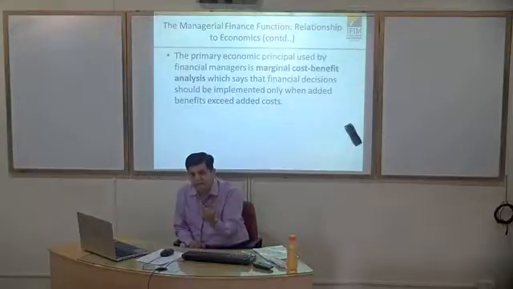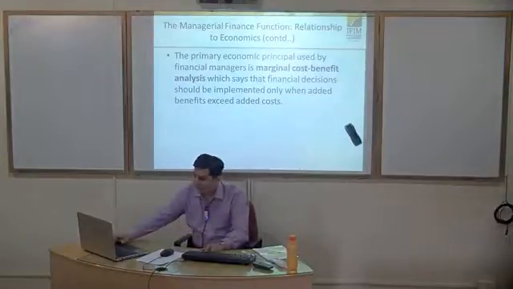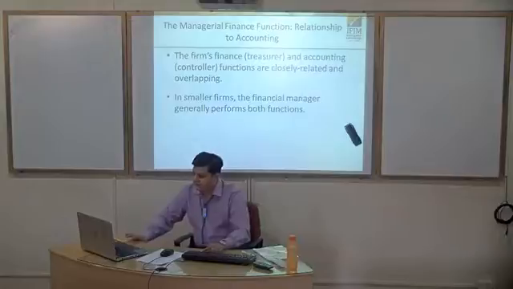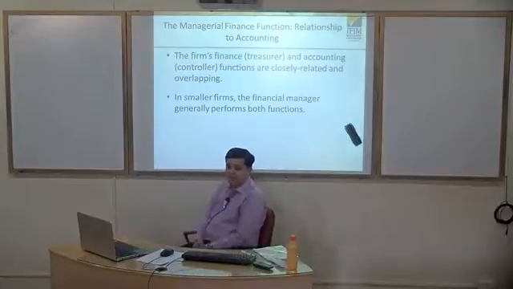That is a feasible thing to take forward. As a manager, you will look at that granular level to understand the cost impact and the benefit impact. For every additional rupee you spend, what is the amount of benefit you get, is what marginal cost benefit analysis talks about.